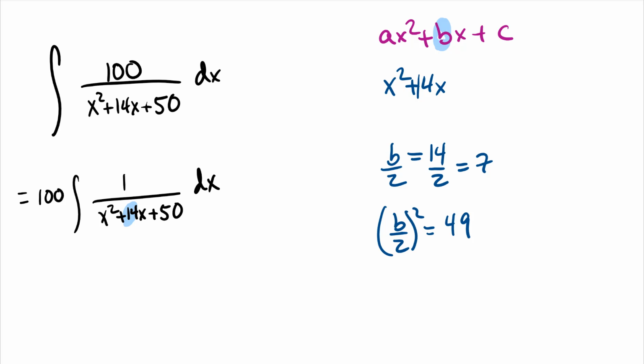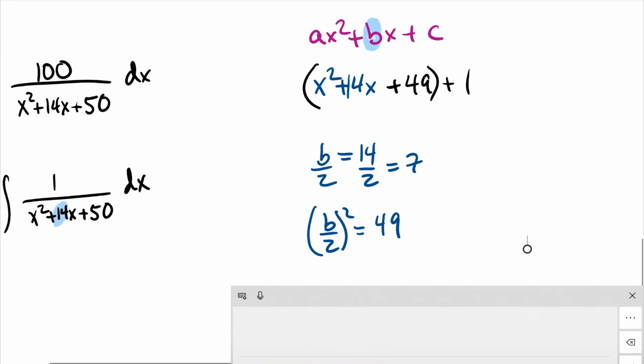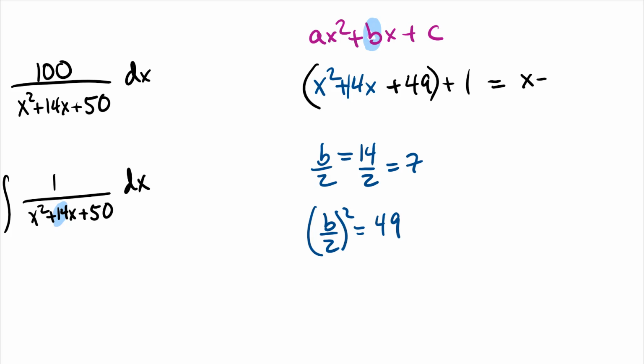But since we have a 50 here, isn't 50 just 49 plus 1? I'm pretty sure it's just 49 plus 1. That's a perfect square. That's x plus 7 all squared plus 1.